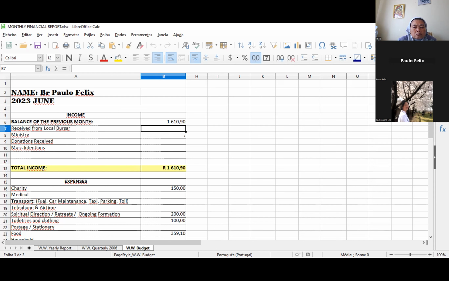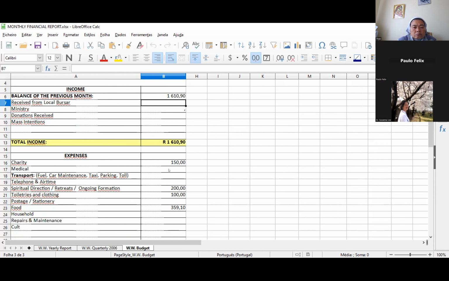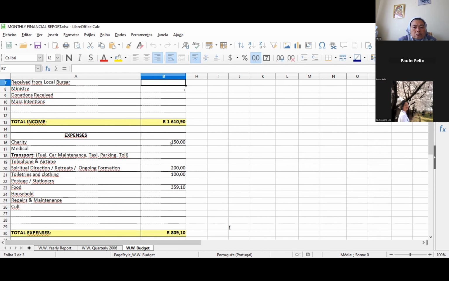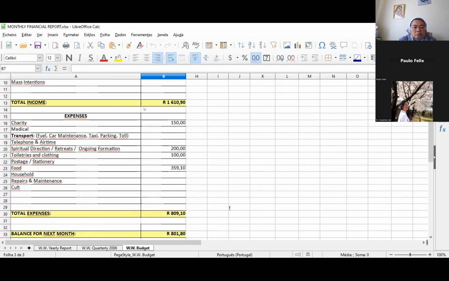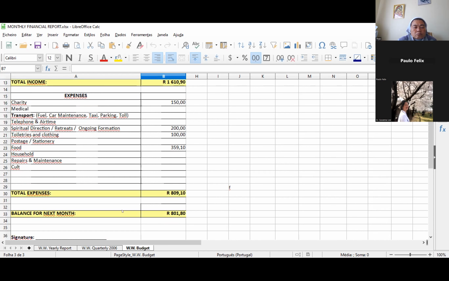It gives you the total income, and you again show your expenses. After that is the net, deducting the expenses from the income, so you get the balance for the next month.